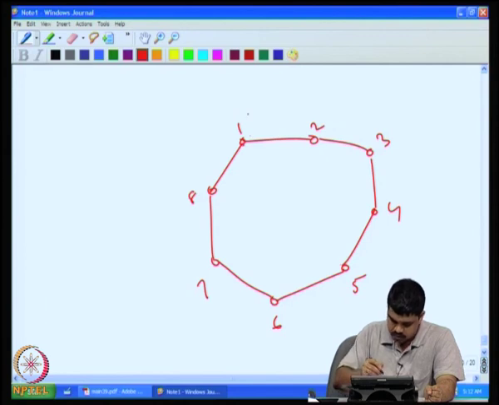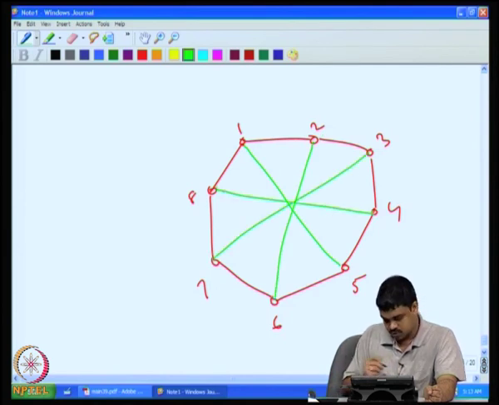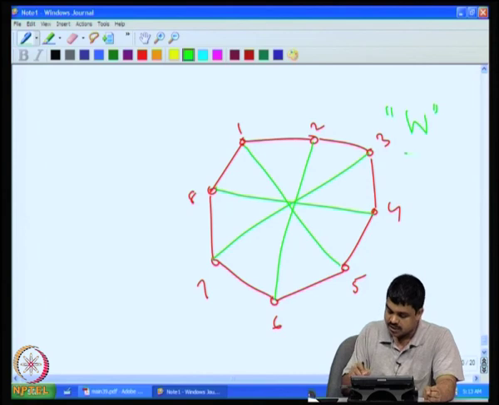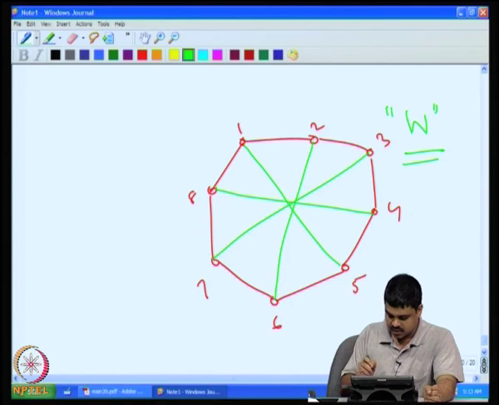And then there are connections between these pairs. This graph is called W. It can be drawn in several different ways, but because we don't have that much time, we will just take this drawing. So this is a special graph.